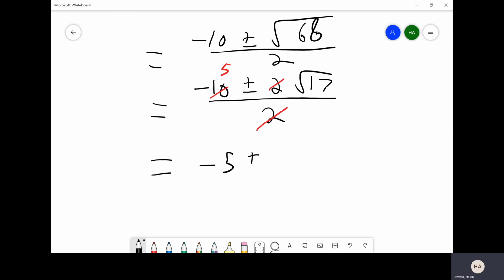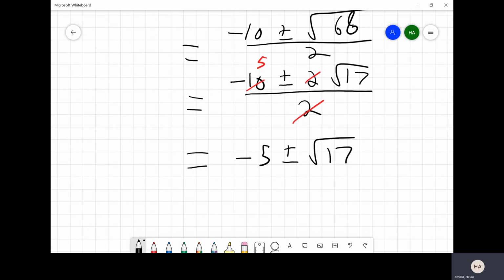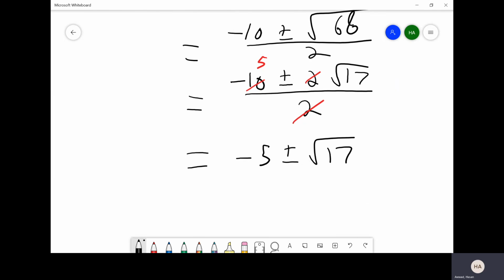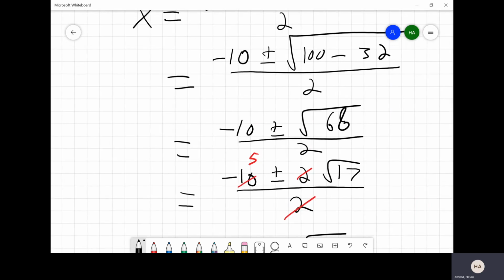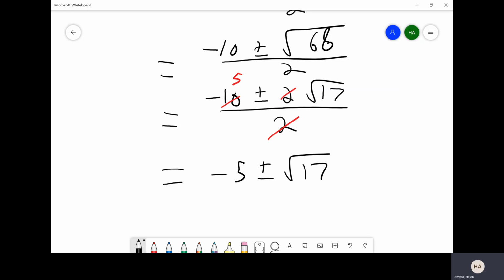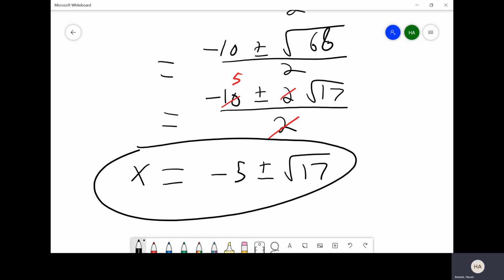Negative 5 plus or minus square root of 17, which, if I recall correctly, is exactly what we had before. It just took us a little longer to get there because before we completed the square, whereas now we use the quadratic formula, and we are done. X is equal to negative 5 plus square root of 17, and then we also have our other solution of negative 5 minus square root of 17.